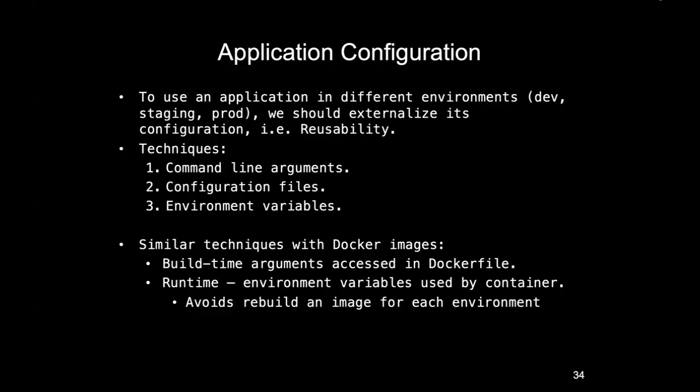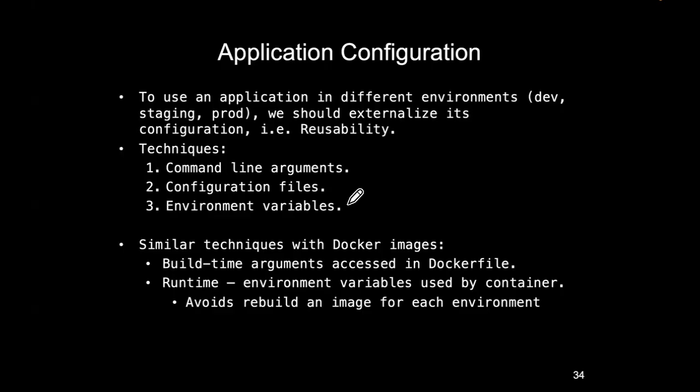The typical ways of passing configuration data into an application is, you can do it from the command line when you start up the application, or in many cases, you can put the configuration data into an actual file, which the application is hardwired to go looking for in a particular location. And so you just drop the file into the location and it picks it up. Thirdly, which is probably the one that we're most familiar with, is where you pass in configuration data via environment variables.